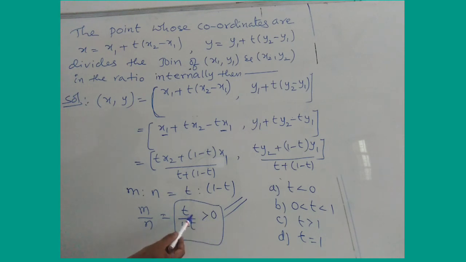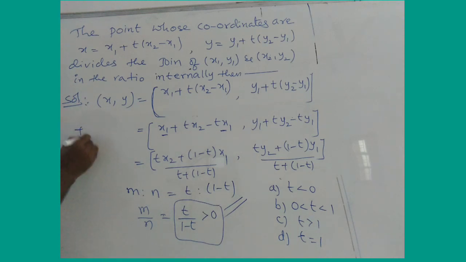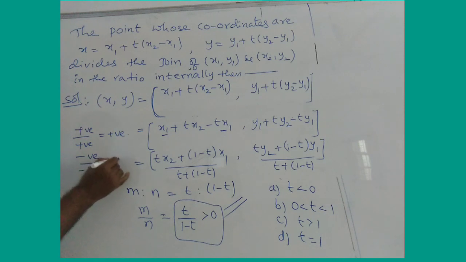So actually a fraction will be positive if both the numerator and the denominator have the same signs. Both numerator and denominator must be positive or must be negative. If both are positive, then result is positive. If numerator is negative, even denominator also negative, then also the result is positive.